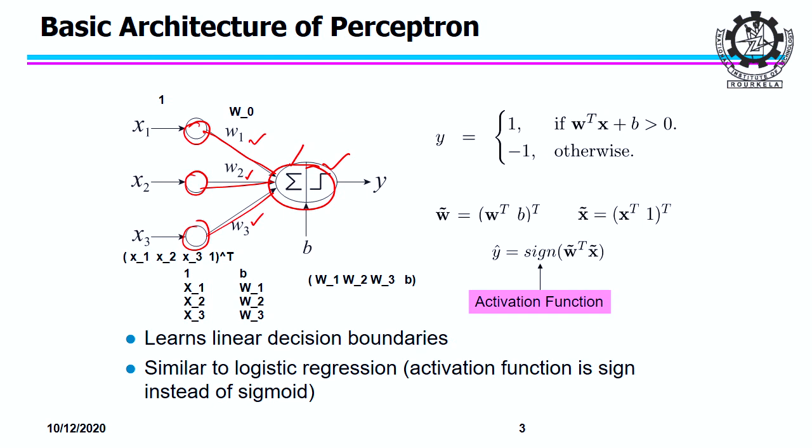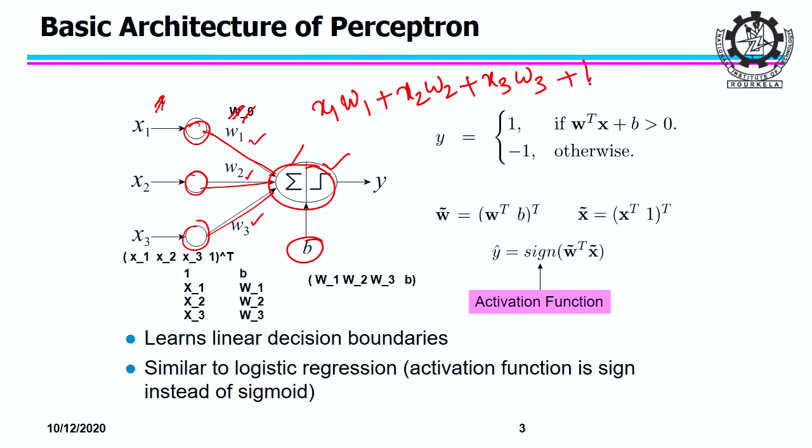For the time being, just consider there is nothing else here. Essentially it computes the summation, that means x1 W1 plus x2 W2 plus x3 W3. After that there is a term called B, which will be added.